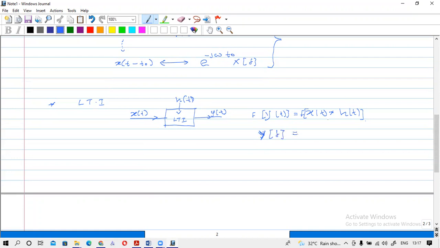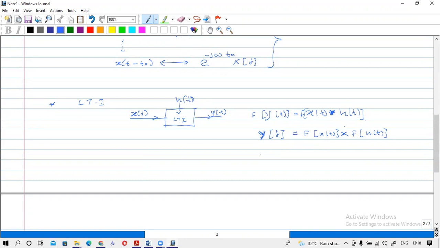You know that when we do the Fourier transform of this convolution, it becomes a multiplication. So we have the Fourier transform of x(t) times the Fourier transform of h(t). Here it is not a convolution, it is just a multiplication. Here it is convolution.